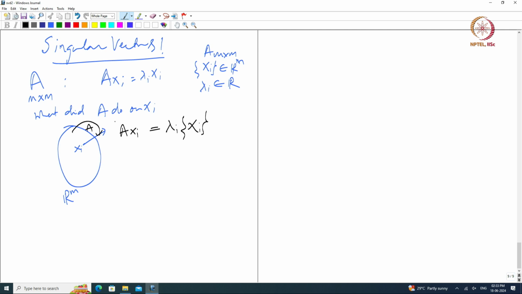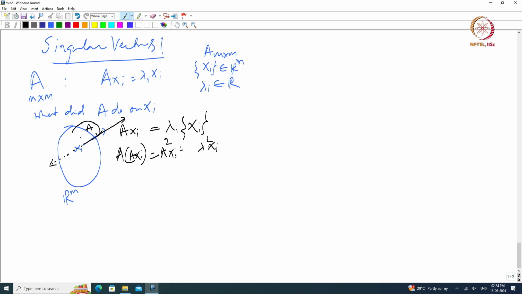So, if this was an eigenvector, depending on lambda it is either stretched, or if the eigenvalue was negative, it would flip. So, basically any action, for example A of A xi is A squared xi, which is lambda squared xi.